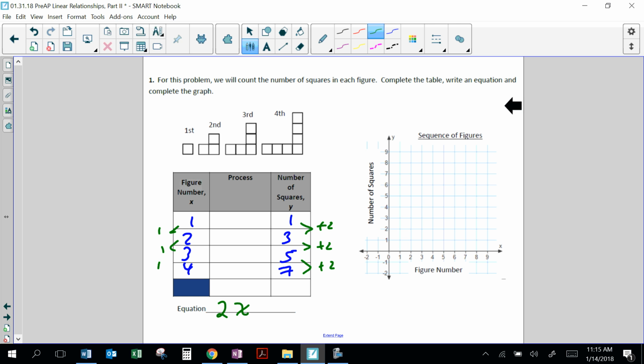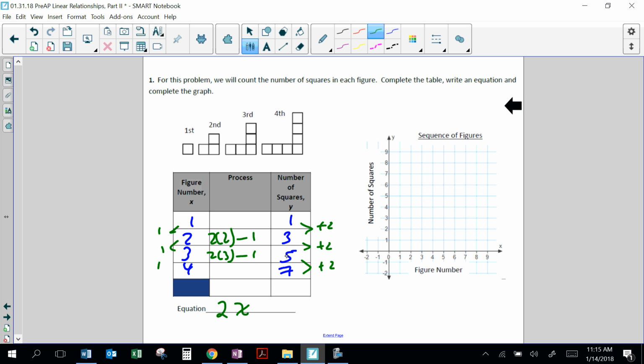But what is the initial value is the question. So let's see. If we multiply by 2, 2 times 2 is 4. How do I get to a 3? I take 1 away. 2 times the figure number 3 will be 6.